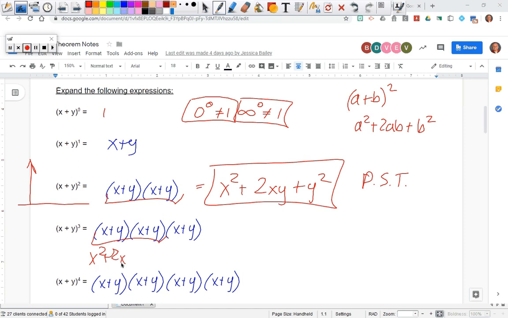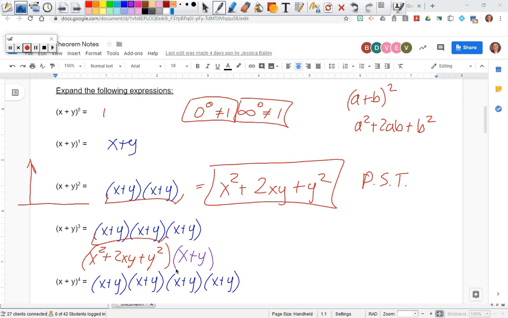And if I don't use colors and it was just black and white, this would be a confusing day for sure. So the fact that I'm using colors, that's why it's easy. Otherwise, yes, this could be confusing. Okay, so that's the first 2. And we're going to multiply it with this x plus y.